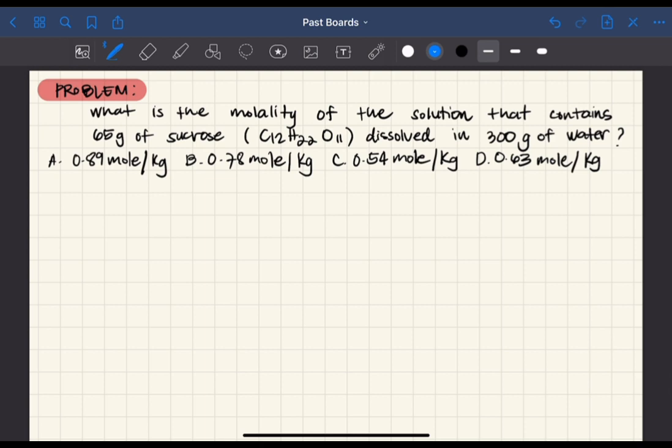For the second problem, what is the molality of the solution that contains 65 grams of sucrose, C12H22O11, dissolved in 300 grams of water? So as we learned moments ago, the molality is defined as the number of moles of solute divided by the kilograms of solvent.